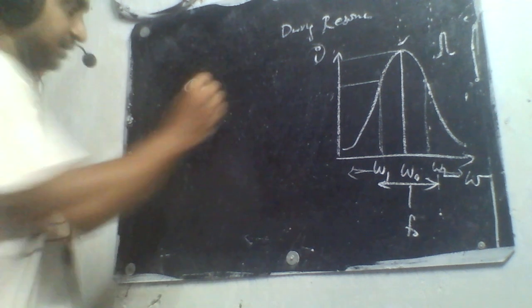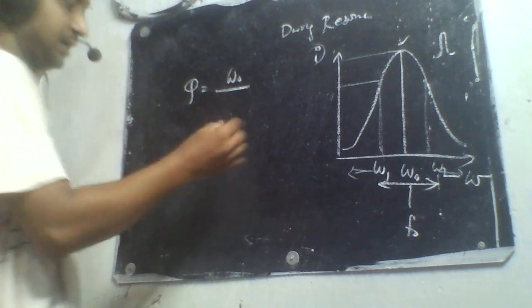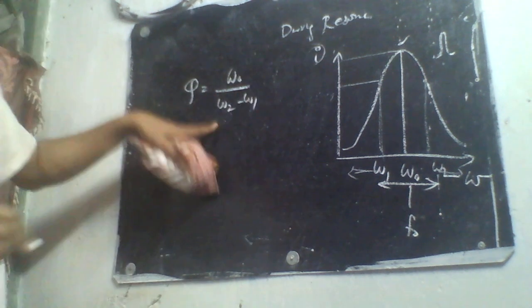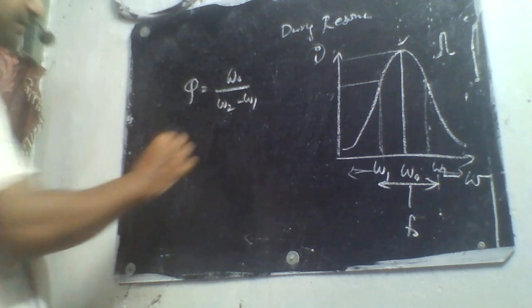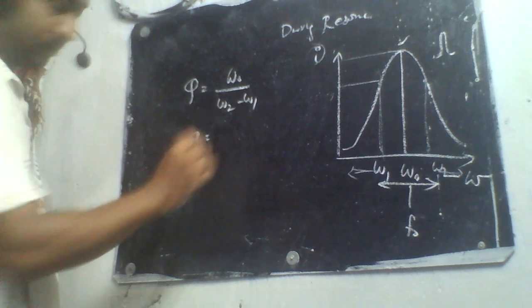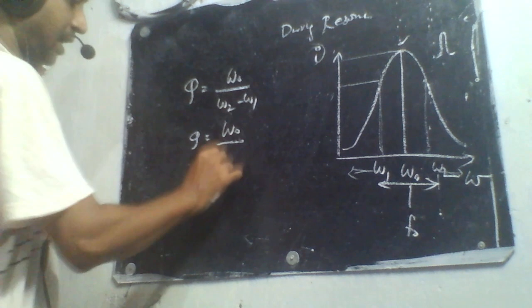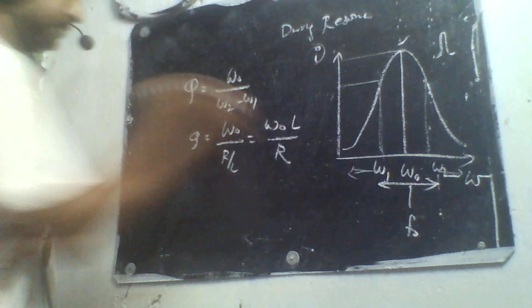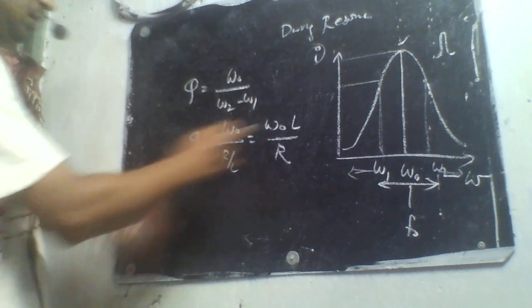So quality factor is given by omega 0, that is the resonant frequency, divided by the bandwidth. So its equation will become omega 0 divided by R by L, so omega 0 times L by R. So Q is equal to omega 0 L by R.